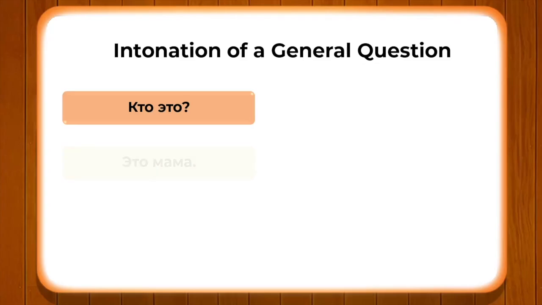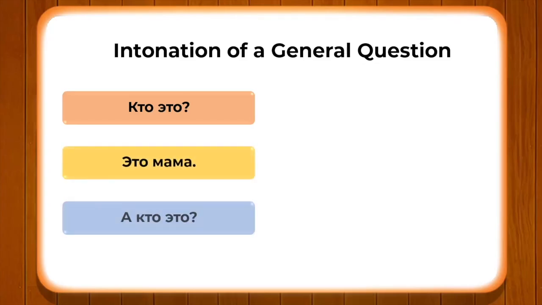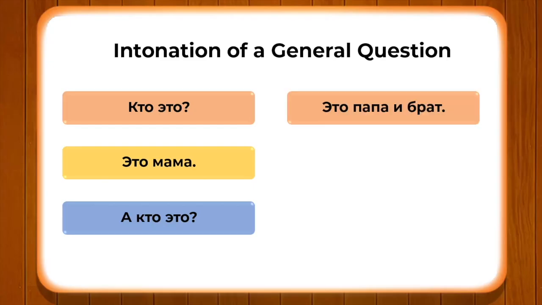"Кто это?" Who is this? "Это мама." "Кто это?" And when we are saying "and who is this?", first we are saying "who is this?", and the second question we can ask is "and who is this?" Then we have "это папа и брат", this is father or dad, and brother.